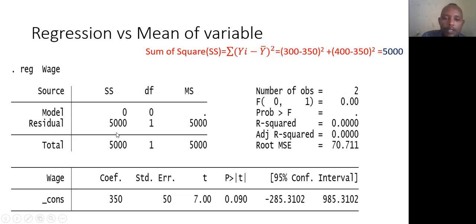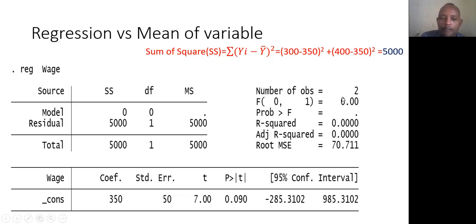When you divide the sum of squares by the degrees of freedom, to normalize, it gives you the mean square. For example, if we divide this by this, it is undefined: 0 divided by 0 is undefined. 5000 divided by 1 is 5000.